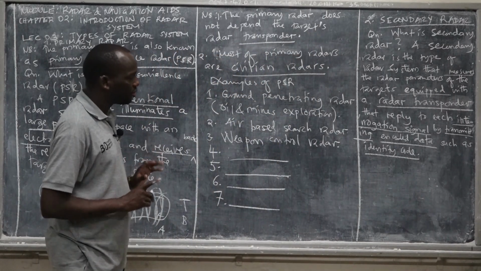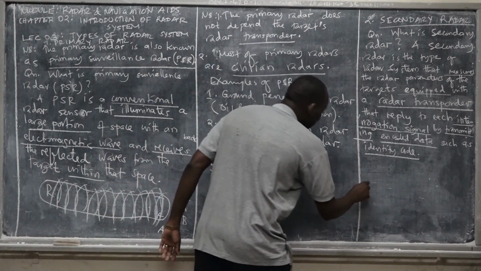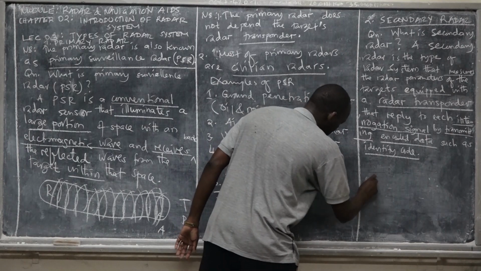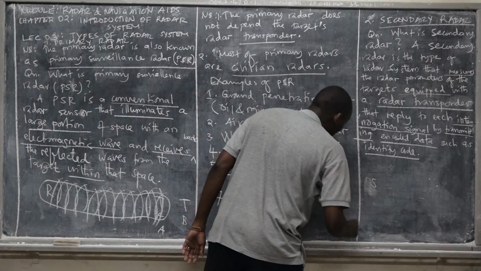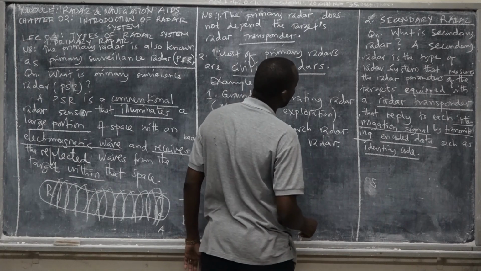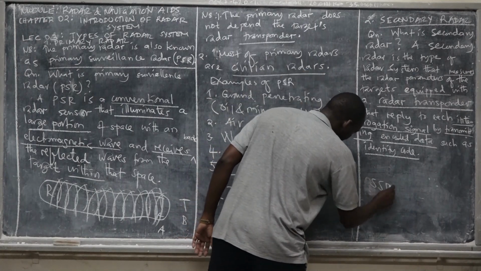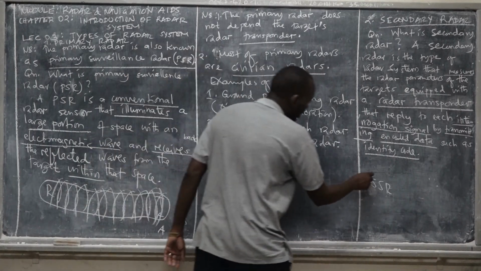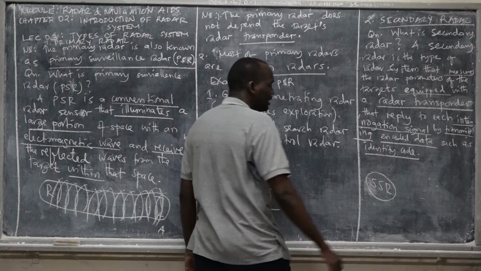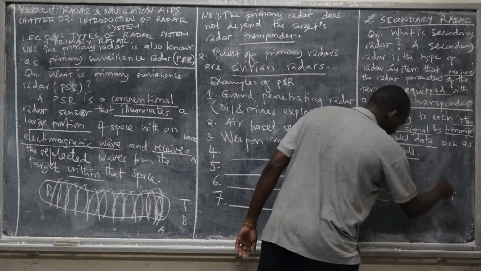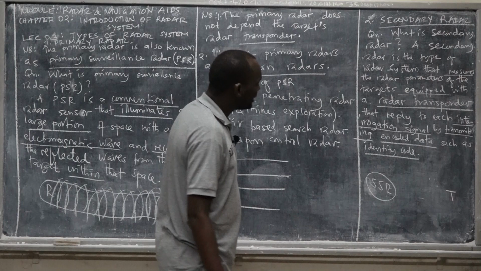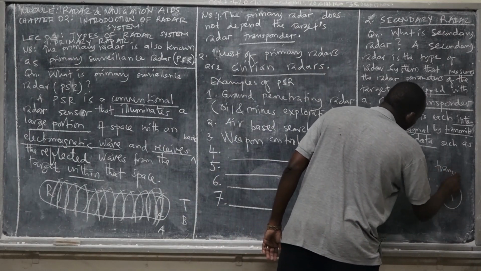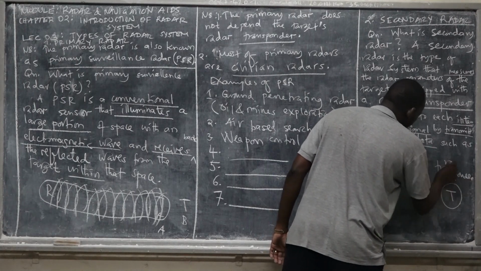Here we have a secondary radar, also called secondary surveillance radar, SSR, located in a particular place. Then we have targets within its space, but these targets should also have something we call a radar transponder.